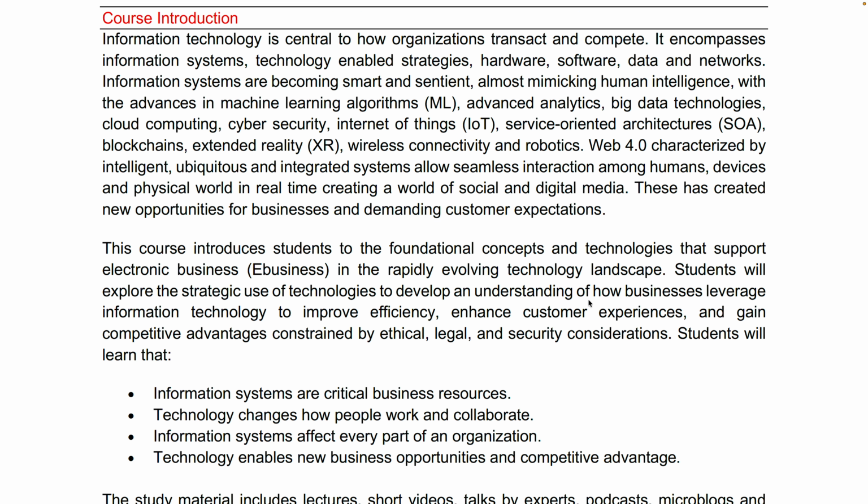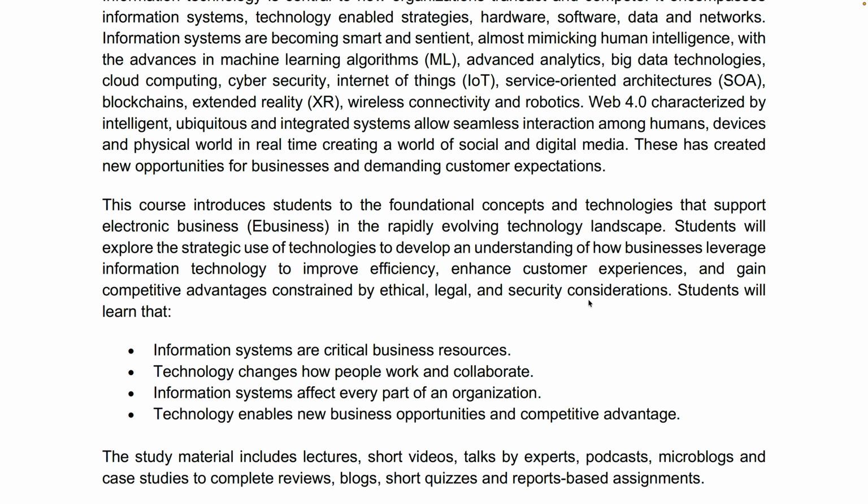So in summary, students will learn that information systems are critical business resources. Technology is changing how people work and collaborate. Information systems affect every part of an organization. And finally, technology enables new business opportunities and competitive advantage.